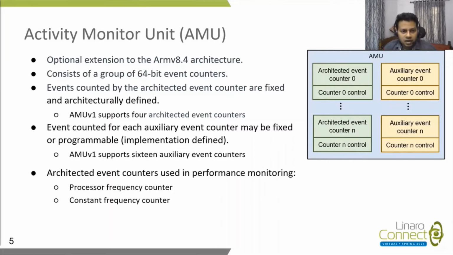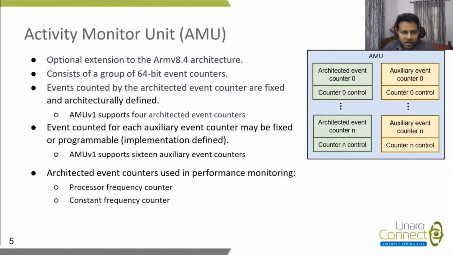Each of these architected event counters and auxiliary event counters is a 64-bit event counter, and there is one control register for controlling each of these registers independently. The events counted by the architected event counters are fixed and architecturally defined, and the events counted by the auxiliary event counters may be fixed or programmable.